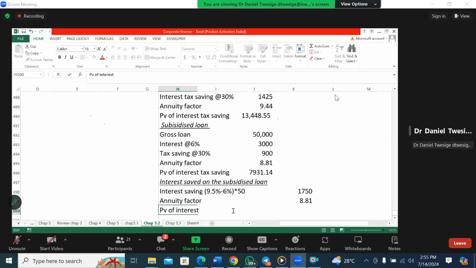Present value of interest. How would I multiply? Are you not multiplying by 50,000? It's 50,000. Can you cross-check? This is 50. Can you cross-check again? Yeah, it's okay.